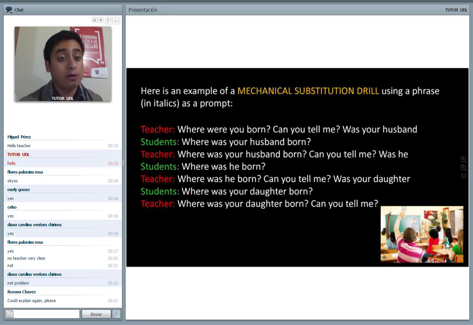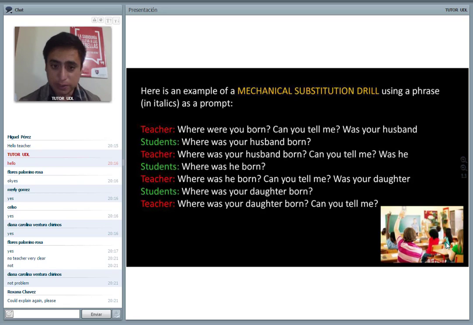Now the students are going to say, where was your husband born? Then the teacher says, where was your husband born? Can you tell me, was he? It means that they have to change. Instead of saying your husband, they will use was he. So the students are going to say, where was he born?